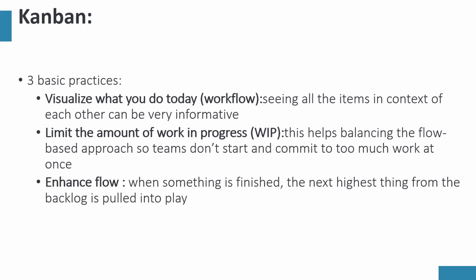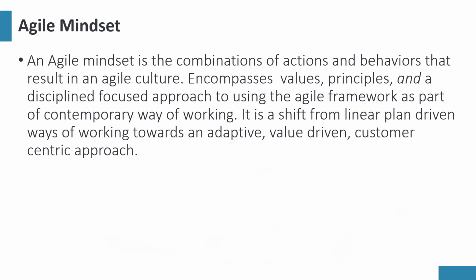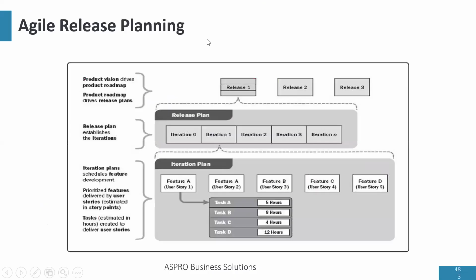Actually, when we do our release plan, the release plan will show the features and functionality we should have over a period of time, maybe 3 months. Each iteration, when you do sprint, iteration is the same thing as sprint.